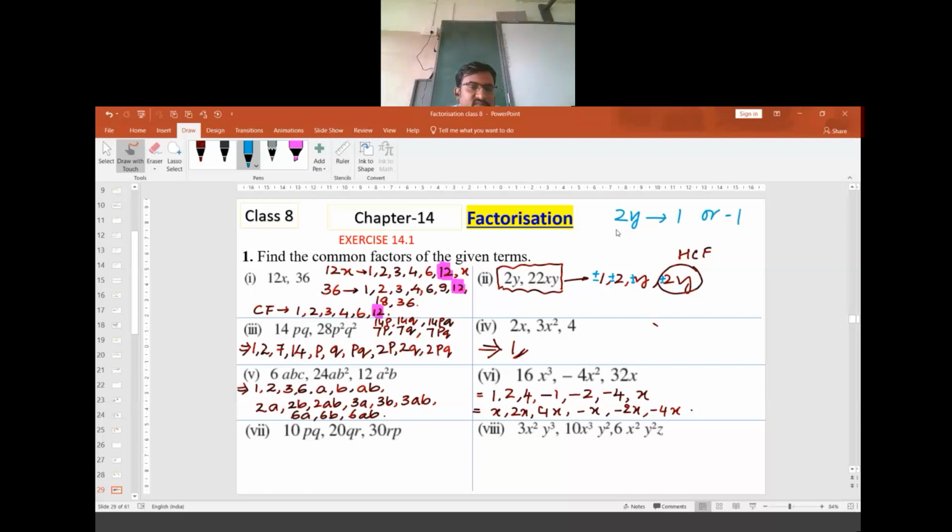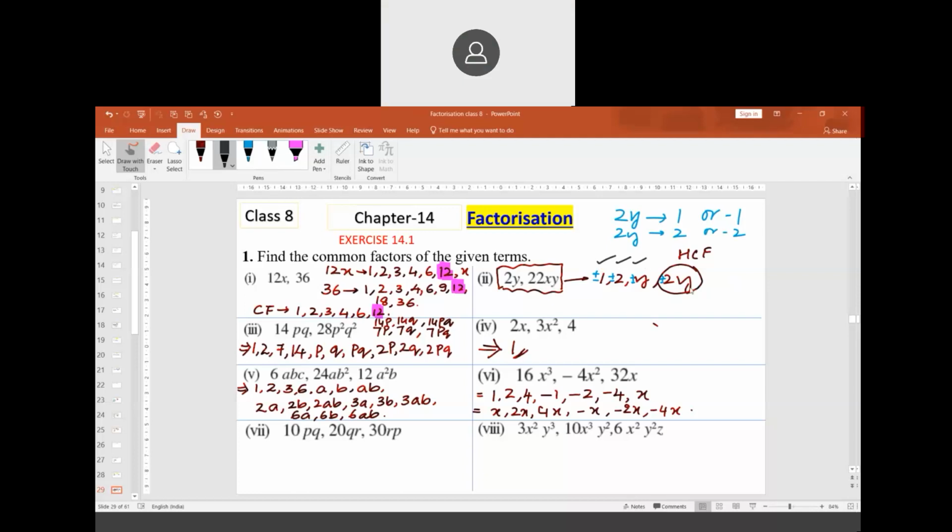When 2y is divisible by 2, it is also divisible by minus 2. So when we write only 1, we have to think that it is divisible by both plus and minus 1. If we write like this, it will decrease the space.